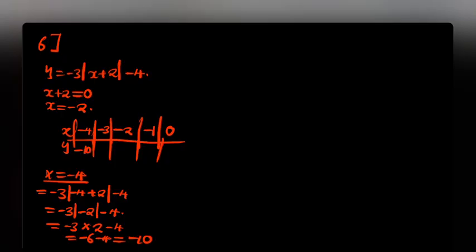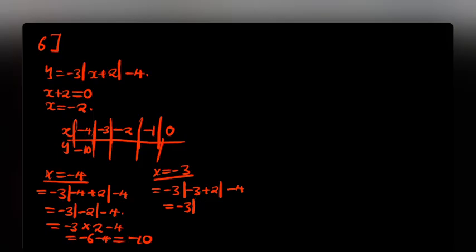Again, we do the same for x equal to negative 3. So for x equal to negative 3, what we have is negative 3, then the modulus. Where there is x, we substitute with negative 3. So negative 3 plus 2, then minus 4. Here we've substituted already.